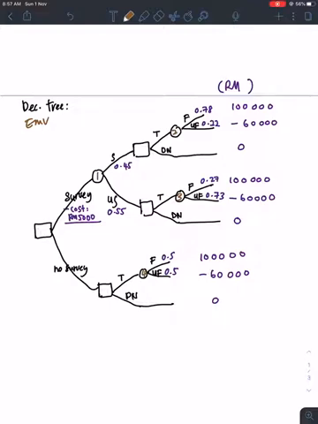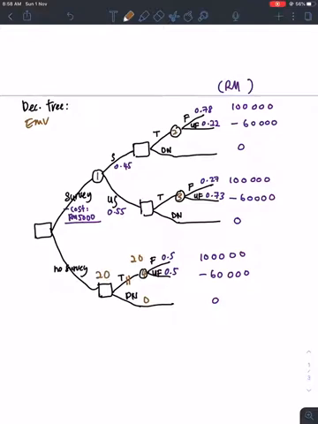So I start with node number 4, without doing survey. Okay, so EMV without doing survey, 100 times 0.5 plus negative 60,000 times 0.5. So kita akan dapat 20. Yeah, for do nothing, of course, you akan dapat 0. Okay, and then compare between the EMV value. So 20 is the highest.